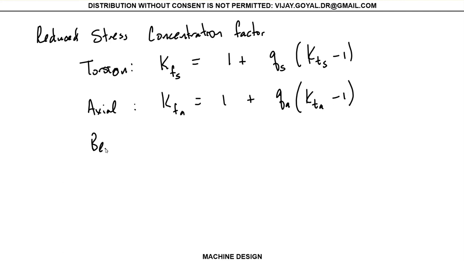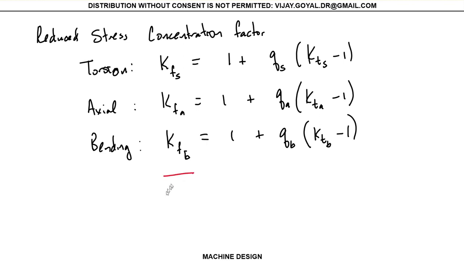And for bending, it will be KFB equal to 1 plus QB times KTB minus 1. So these are your reduced stress concentration factors that we are looking for in fatigue.